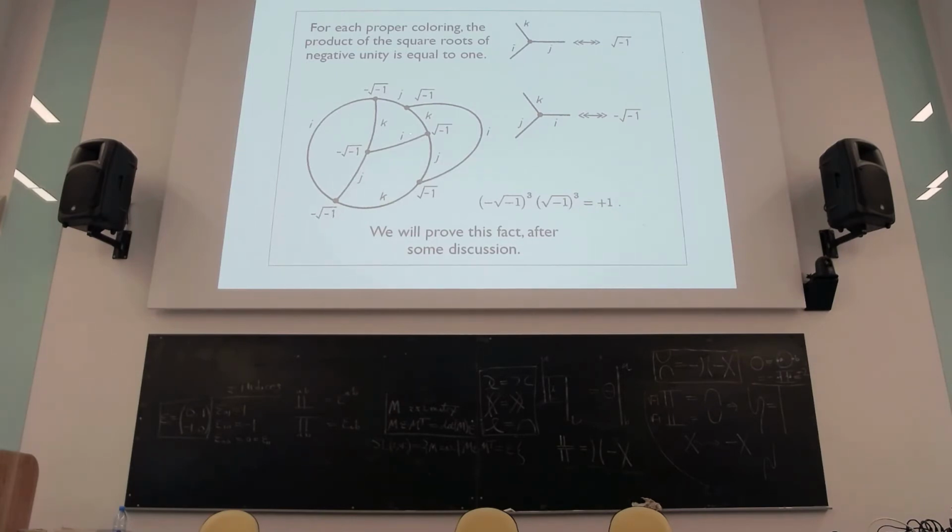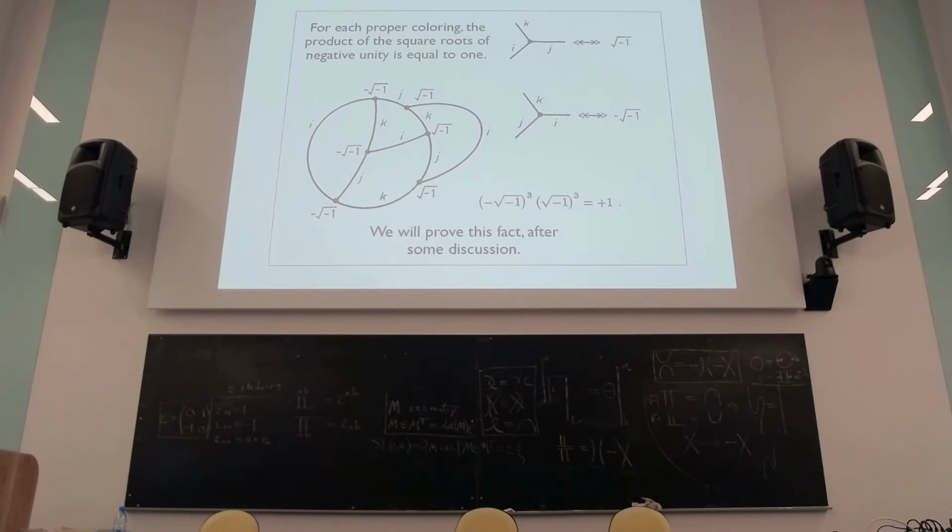Here's a coloring of this graph. You can check I have three colors, I, J, and K, at every vertex, and then let's look at some vertex, say this one, and I have here I, J, K clockwise, so it gets a minus sign. And here I have I, J, K counterclockwise, so it gets a plus sign. So there are all the square roots of minus 1 decorating the vertices, and we take their product and we find by some interesting miracle, it's plus 1.